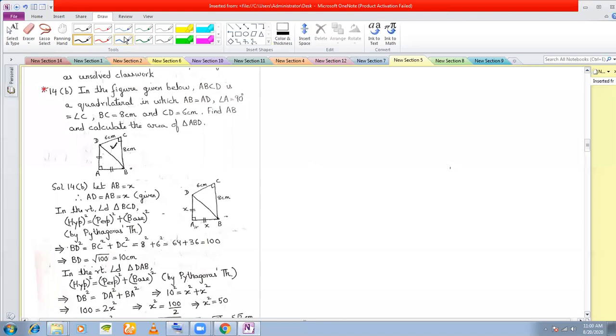This BD is the hypotenuse because it is opposite to your right angle. Therefore, BD is the hypotenuse. Since you know the other two sides, the perpendicular and the base, as 6 and 8, you know the base to be 6, you know the perpendicular to be 8. Therefore, you can find out the length of this hypotenuse, BD.